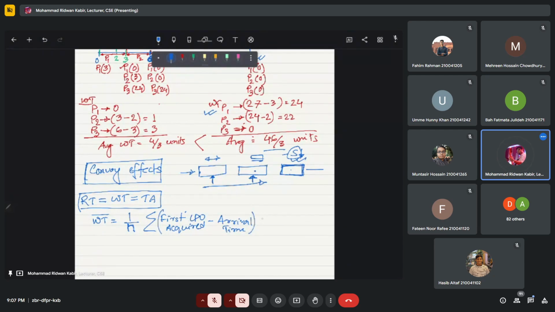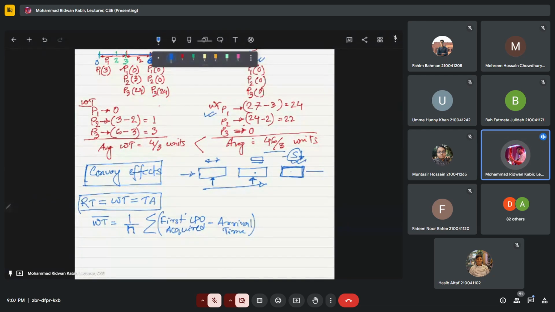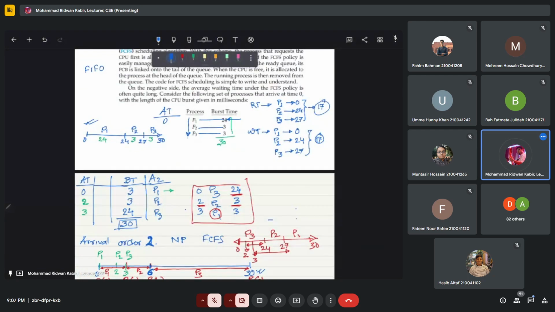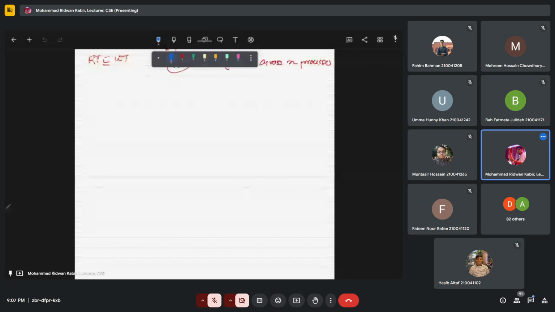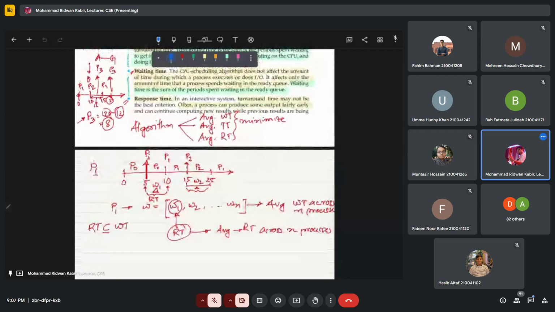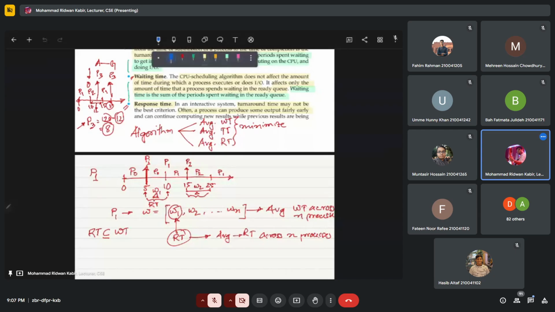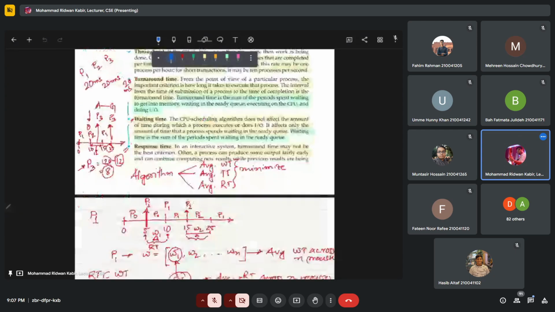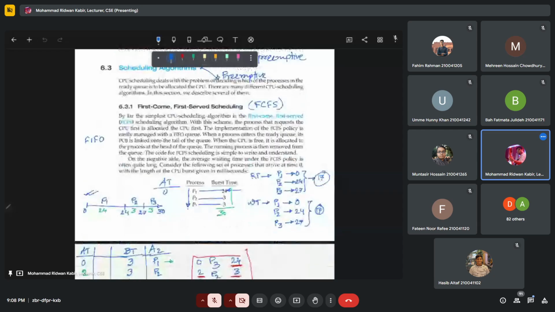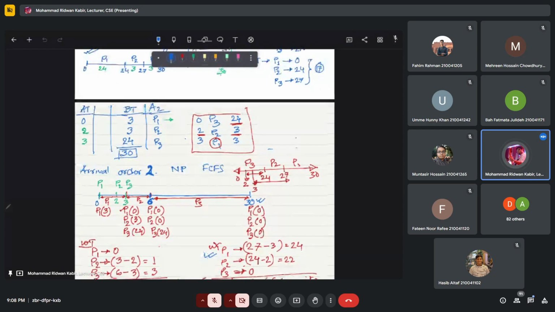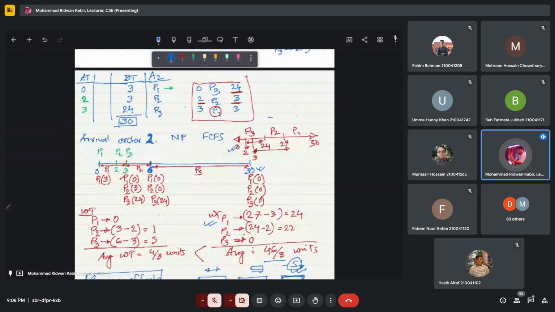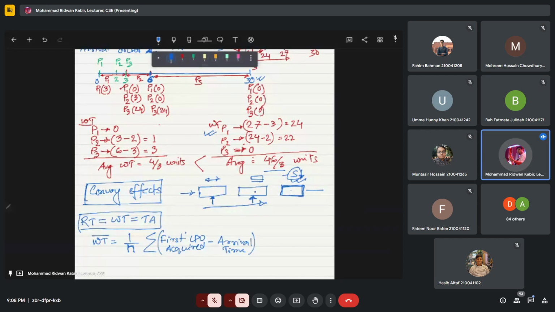And then these processes may have to undergo subsequent waiting steps. So if you have multiple waiting times apart from the first one, you will have to add their differences as well.